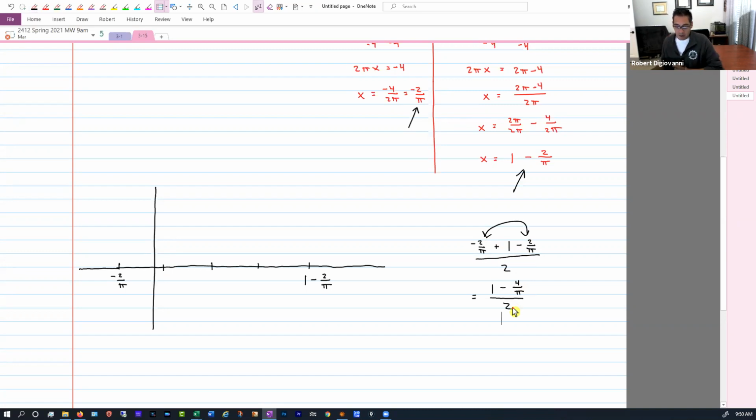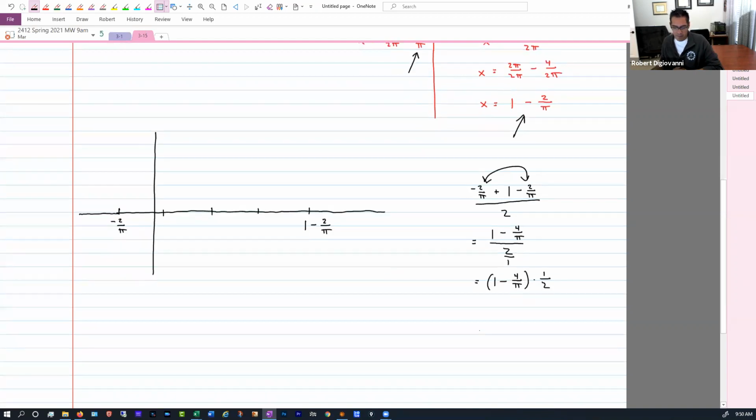So when I divide by 2, it's the same as taking the numerator and multiplying it by the reciprocal of 2, which is a half. And then I'm just going to distribute this through. So we should get 1/2 times 1, which is a half. And then when I do the next one, the 2's are going to reduce again.